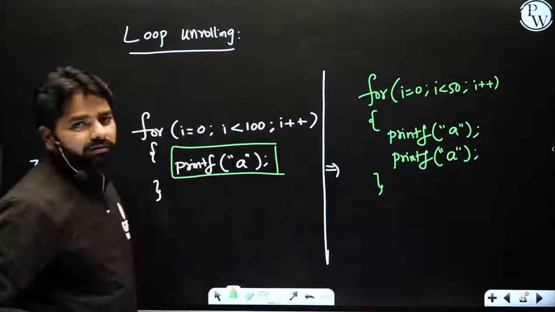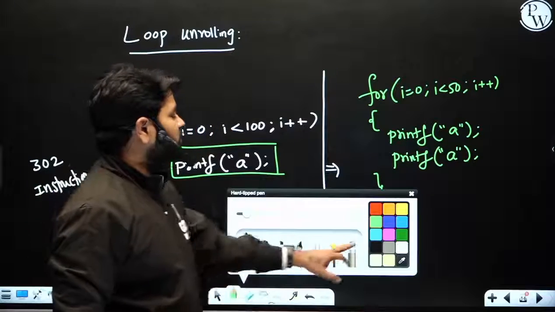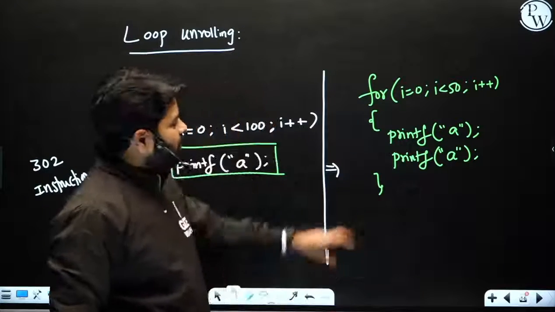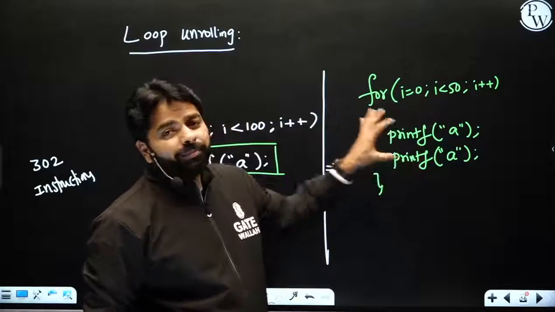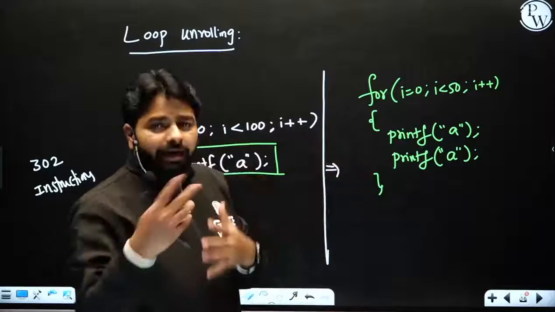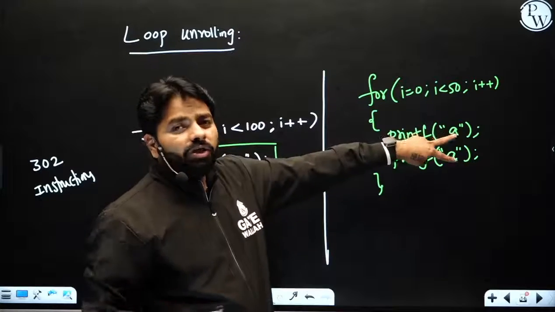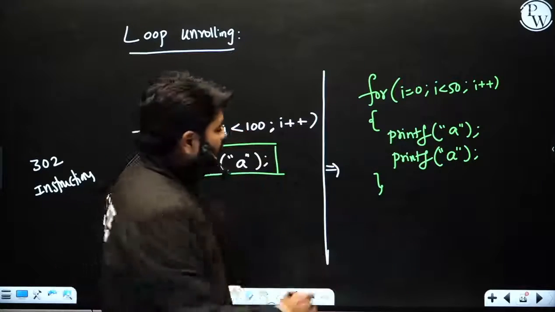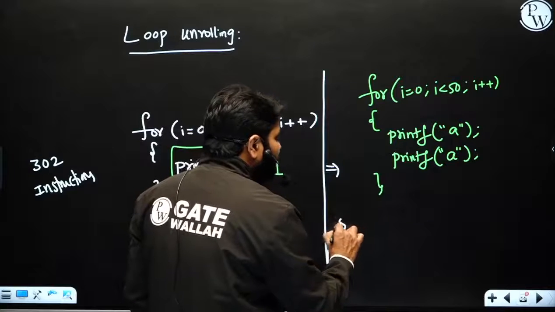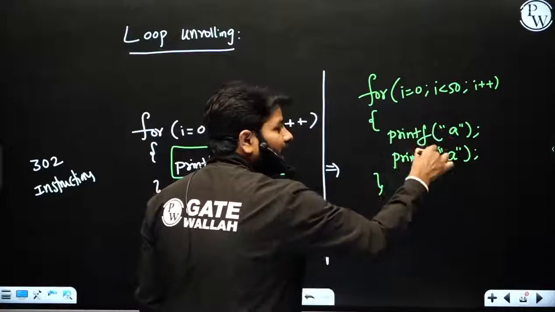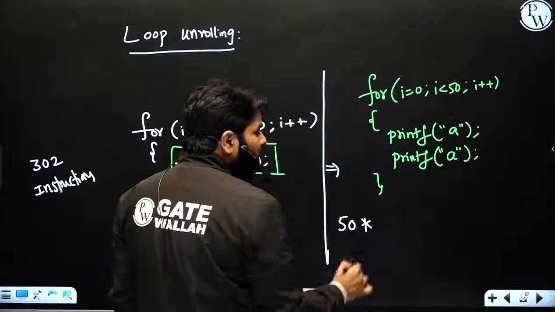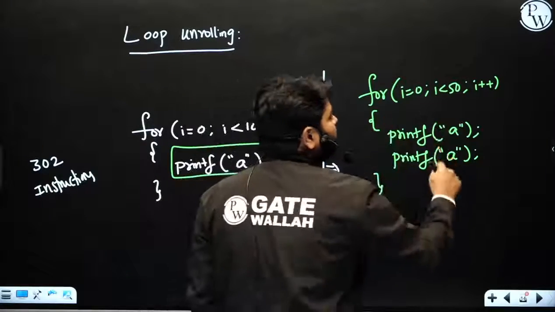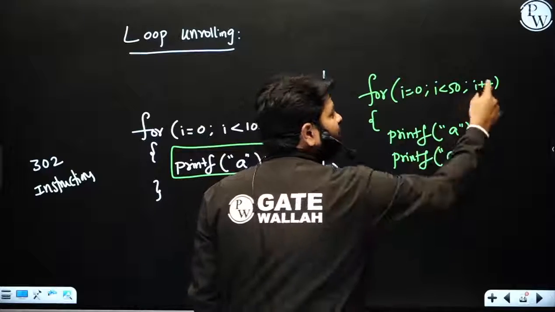Now look at how many instructions in total will be executed. Every time 4 instructions, and 50 times you will print 2 A's. Means total 100 A's only, but each time 2 A's, 50 times. First time 1 2 3 4, next time 1 2 3 4.